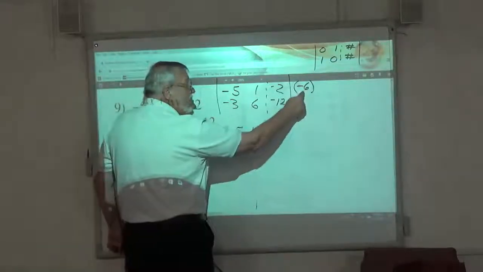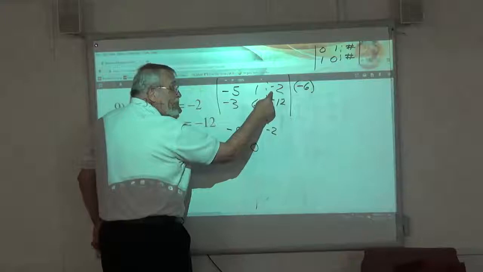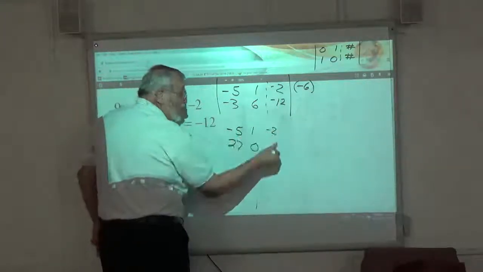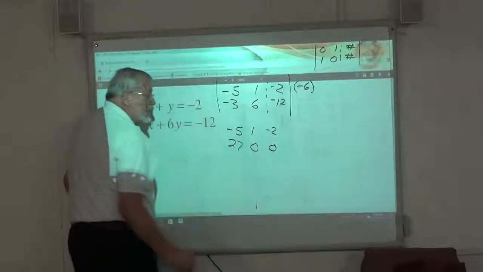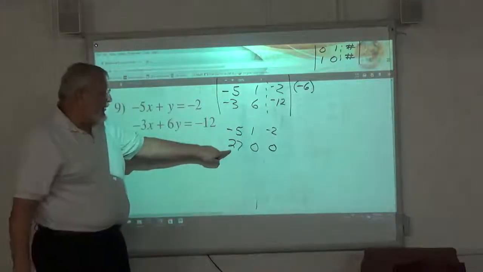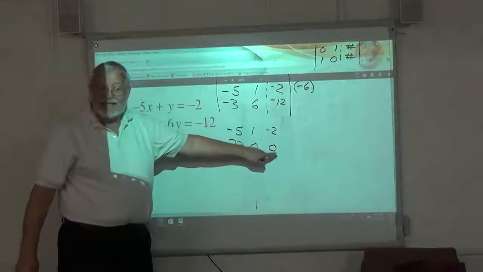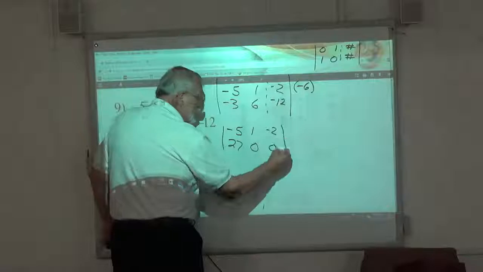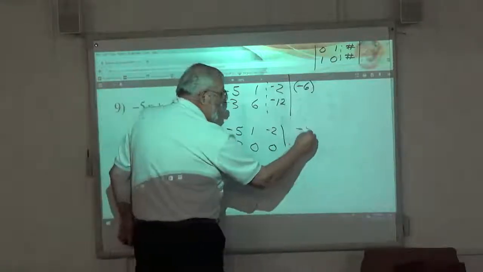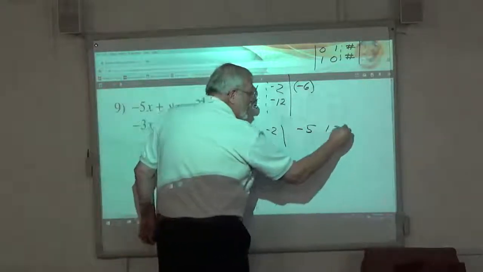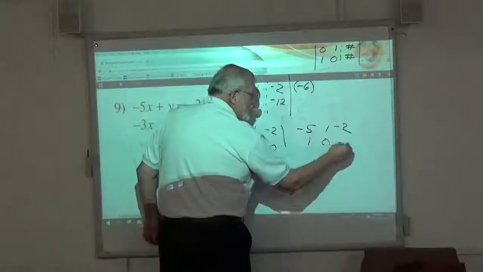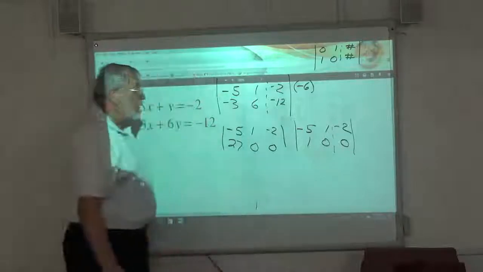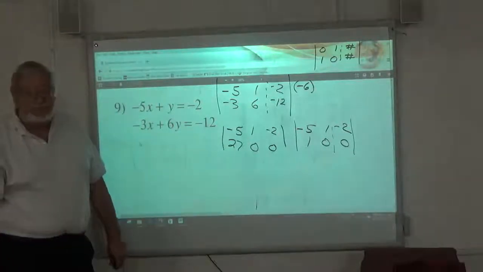And then negative 6 times negative 2, 12 plus negative 12 is 0. So this says 27x equals 0. If I divide everything by 27, I get negative 5, 1, negative 2, and then 1, 0, 0. And so I'm finding that x equals 0.